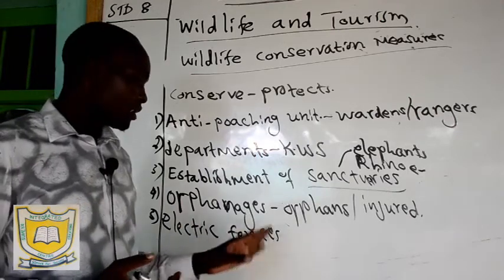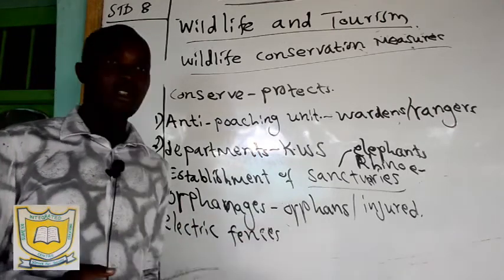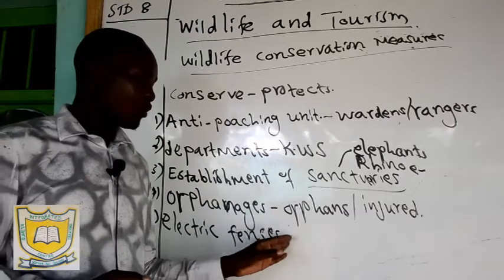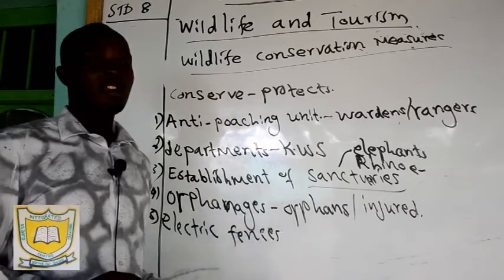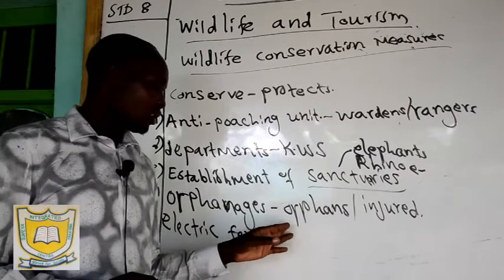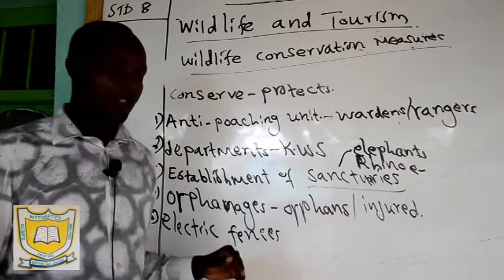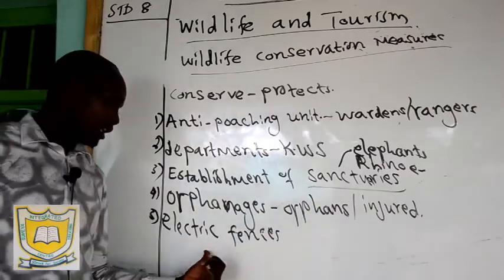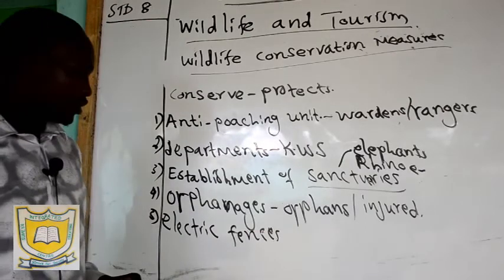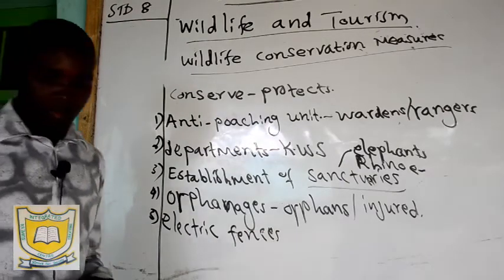So the government has established an electric fence across the park so that when the animal comes close to the fence, it is electrocuted and goes back to the restricted areas.